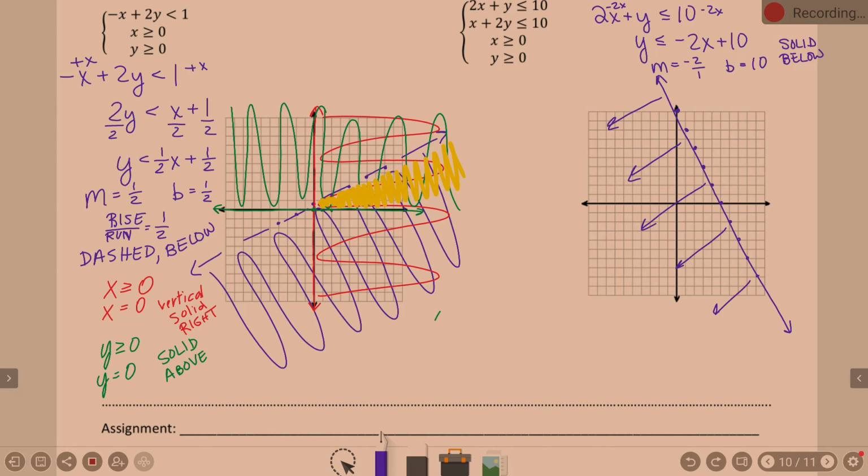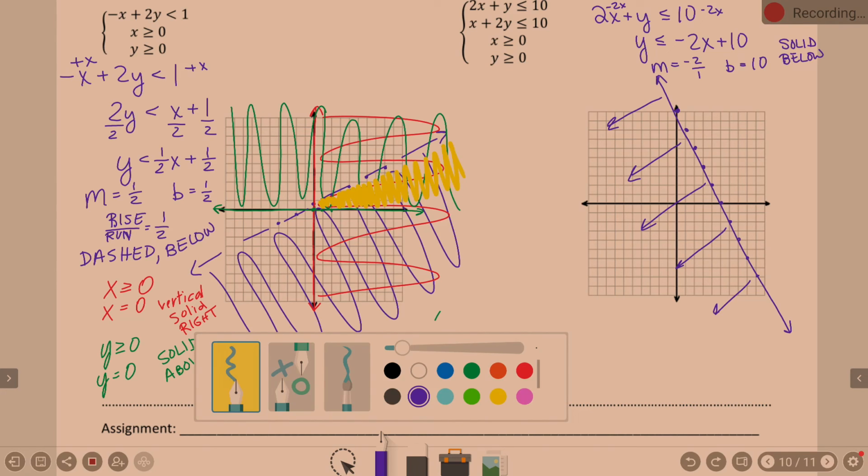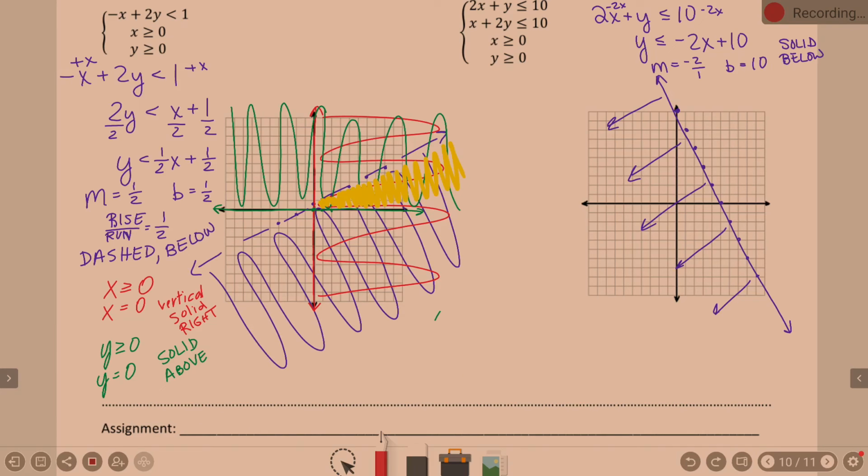Slope of negative 2. Y-intercept of 10. I did that quickly. Y-intercept of 10. Rise negative 2, run 1. Down 2, run 1. So however far you want to do.